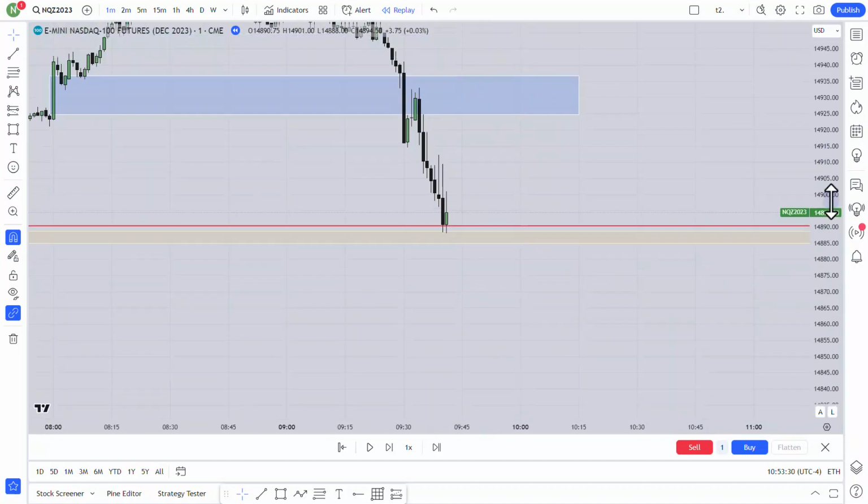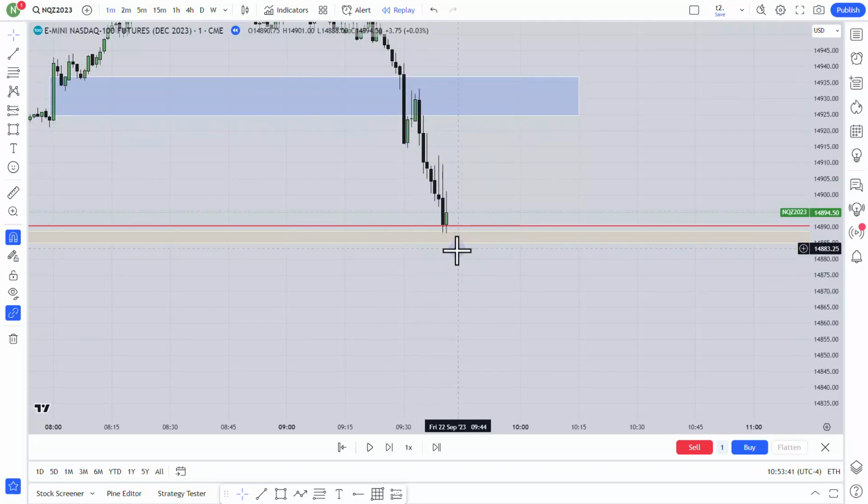I told him that if I see a very big run after clearing the liquidity, like this type of run, or if I see a market structure shift below the sell side liquidity, then I start to think that market will go lower. It is not sweeping, it is actually going in that direction.